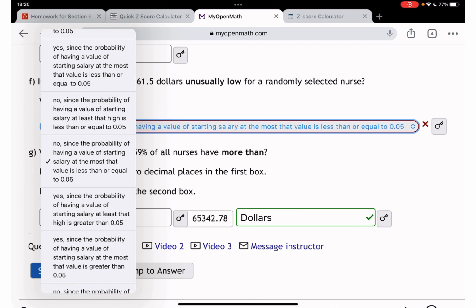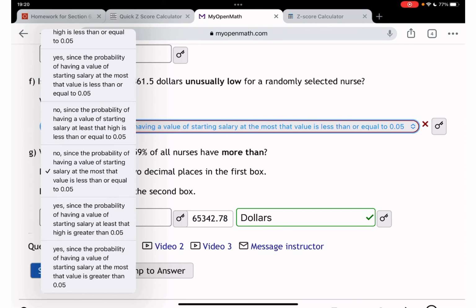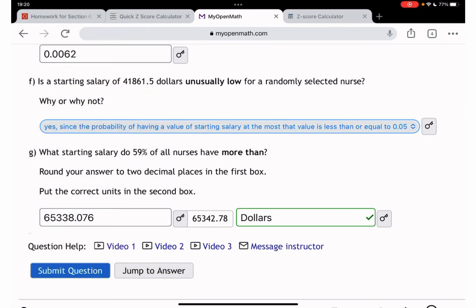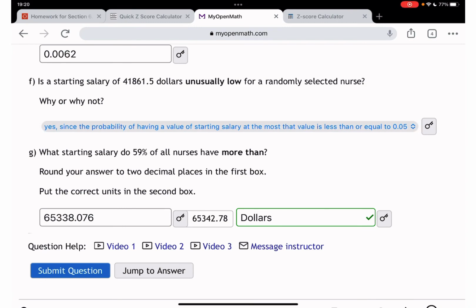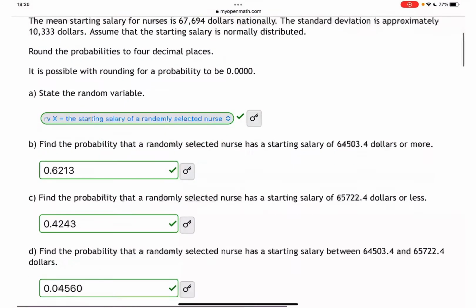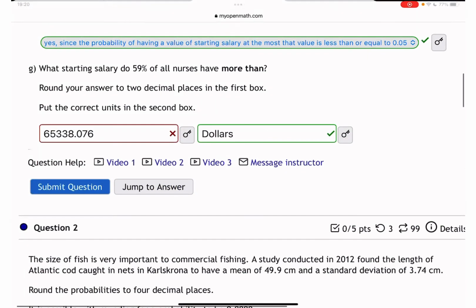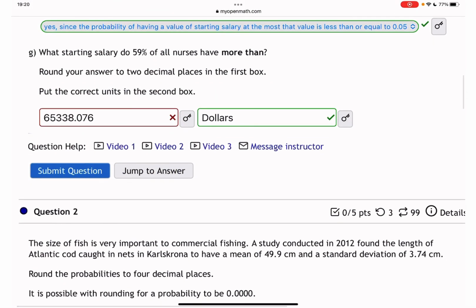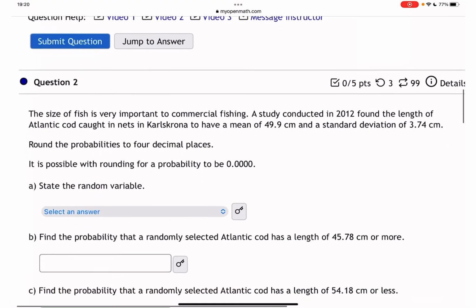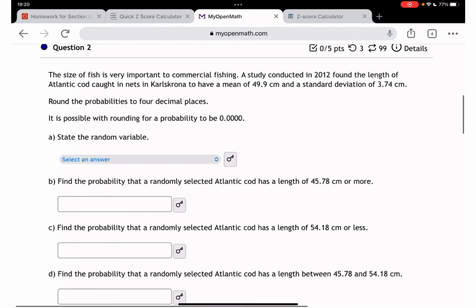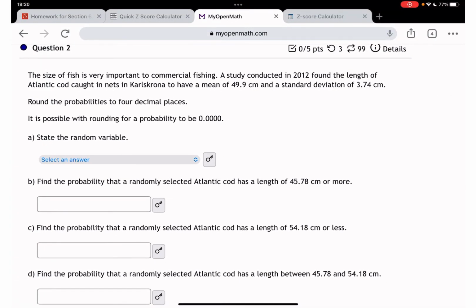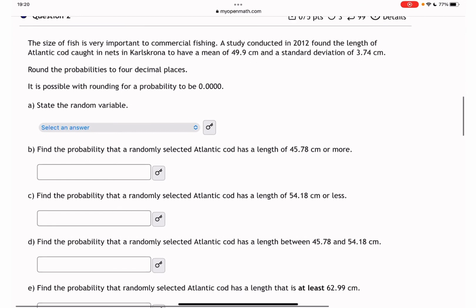It has to be yes, the probability that the value starting at most, that the value is less than or equal. Yes, this one. Okay, let's check one more time. Correct, correct. Okay, let's see if this is the same thing. Yeah, it's the same thing.